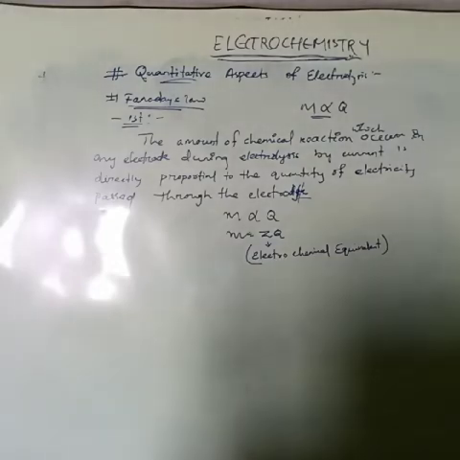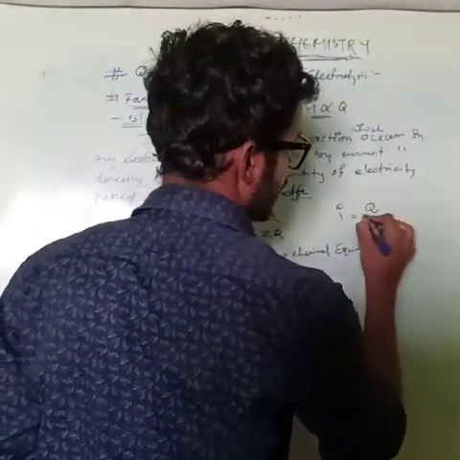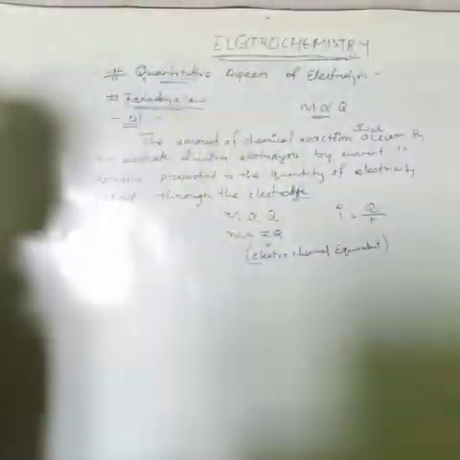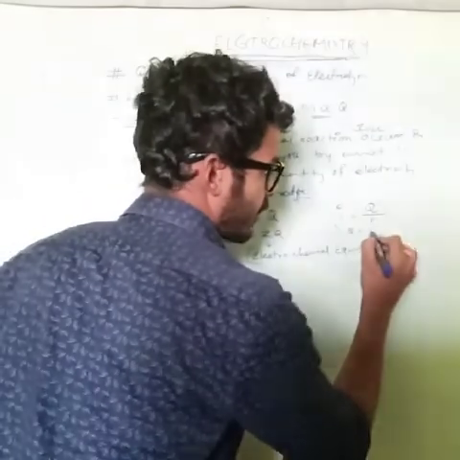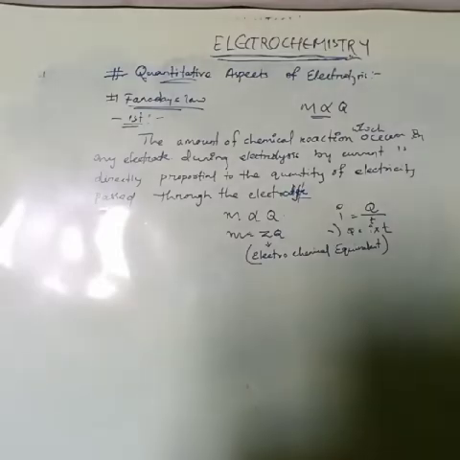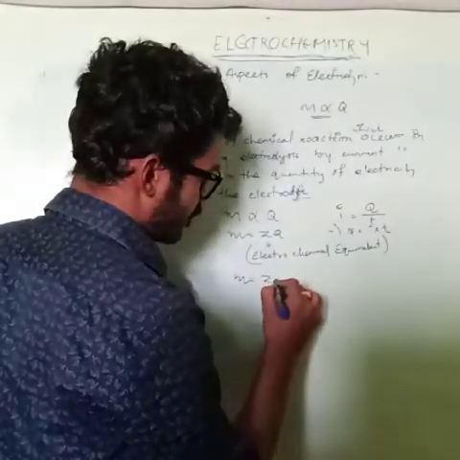So what is Q? It is the charge. We know from physics that I equals charge per unit time, where I is the current. So here Q equals I into T. So M equals ZIT.